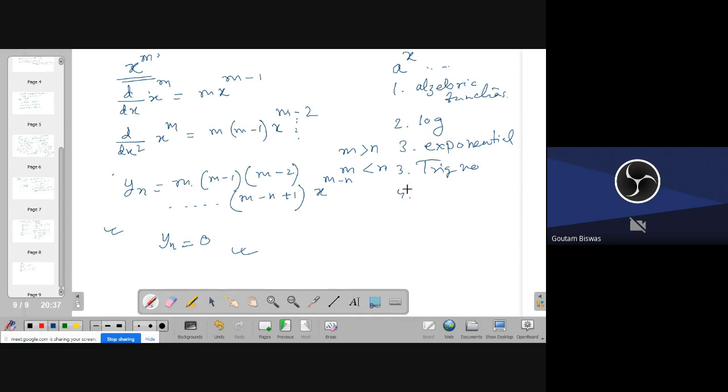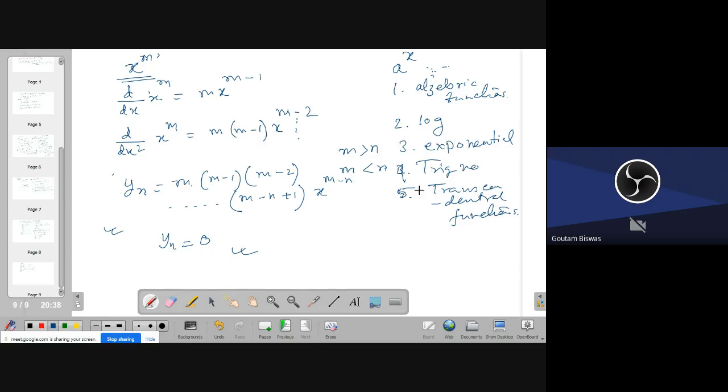Then transcendental functions: those functions which are not like these are called transcendental functions.